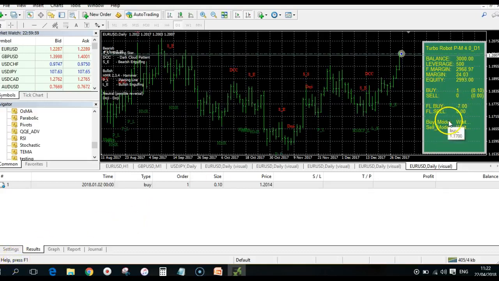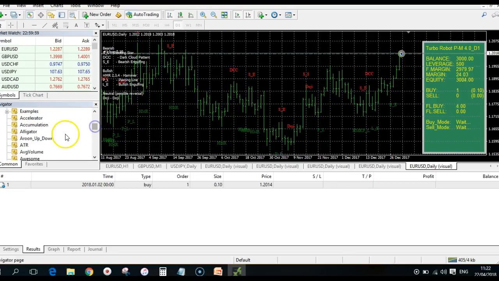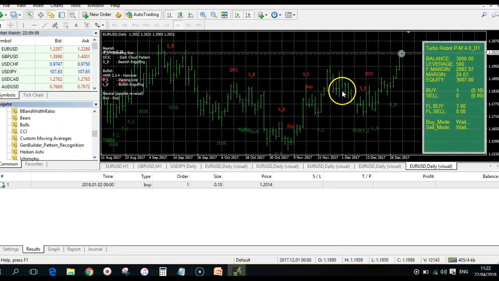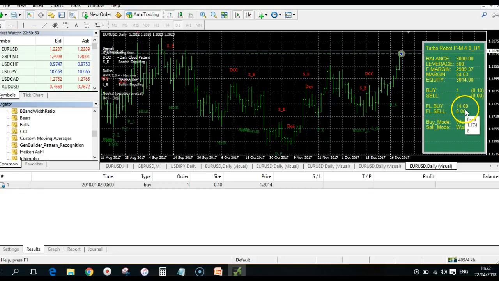By the way, this particular robot, Profit Maximizer 4.0, uses indicators here, so it does not straight away open a trade. It is based on a few indicators that we programmed, using an algorithm to match, and only then will it open the trade. All right, you can see that it is gaining.